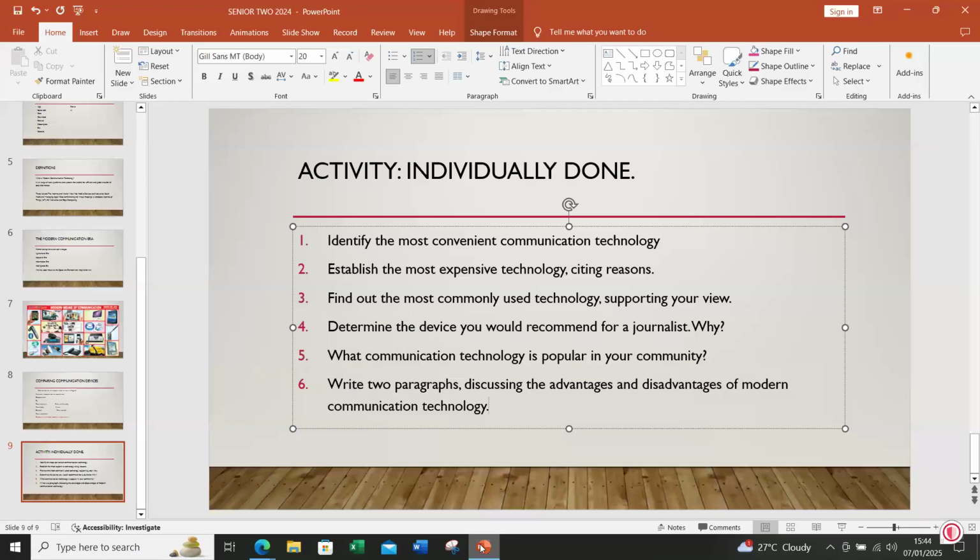Number four is the journalism and why. Number five is what communication technology is popular in your community. That's number six, two paragraphs discussing the advantages and disadvantages of modern communication technology.